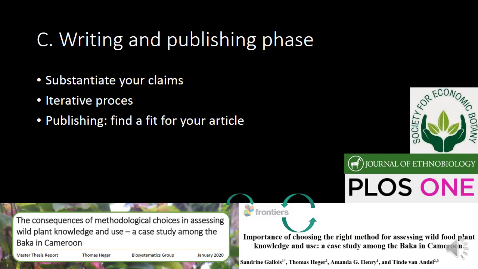Once you know what your story is going to be, it's important to look at what you can claim based on your data, and how well you can substantiate this. Really, especially when you're trying to publish a paper, it's important that you know how far your data go and what you can say based on it. And this is a process that you do together with your supervisors, of course.